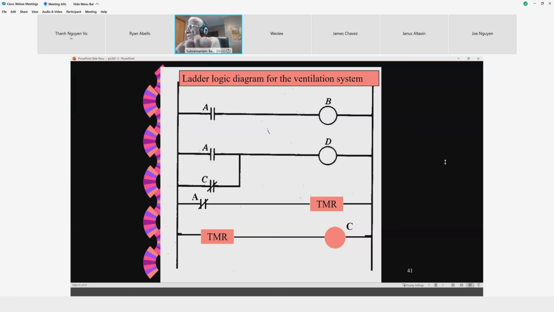So the input to the timer is a 0, output from the timer is also a 0, which is happening in the third rung. Now, if A goes to true, the input to the timer is 1, output from the timer is a 0 until it is kept alive for whatever you have programmed in the timer, 3 minutes, let's say. At the end of 3 minutes, as long as A is still alive, the timer output will come out as 1, right? So C will become 1.